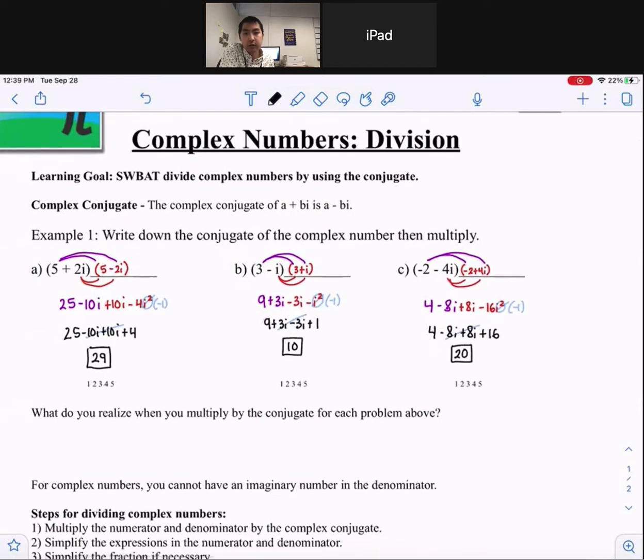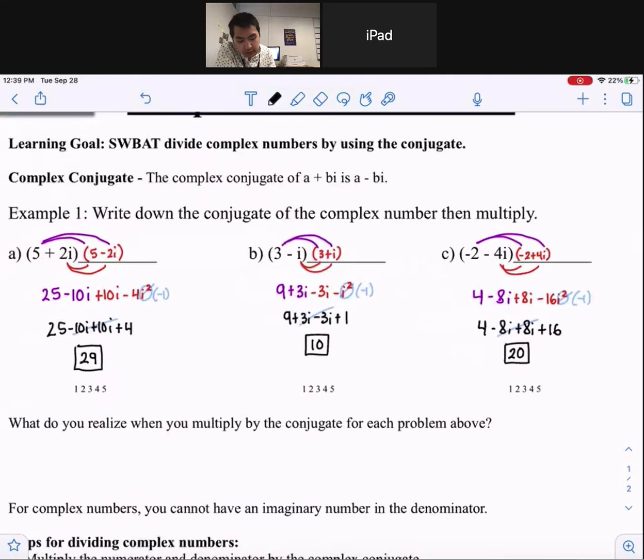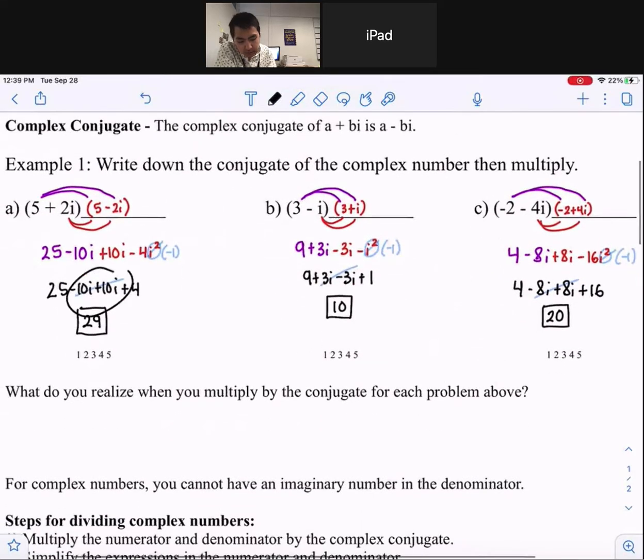Now, let's answer this question: what do you realize when you multiply by the conjugate for each problem above? We multiplied numbers that were conjugates of each other. The thing you should notice is that the imaginary numbers cancel, and all you are left with is real numbers.